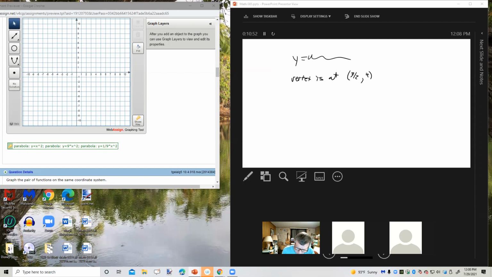And then I have another point that's at 1, 6, okay? All right, now, I come in here and I want to plot the vertex at 3/2, 4. That's like 1.5, 4. So I go right there.